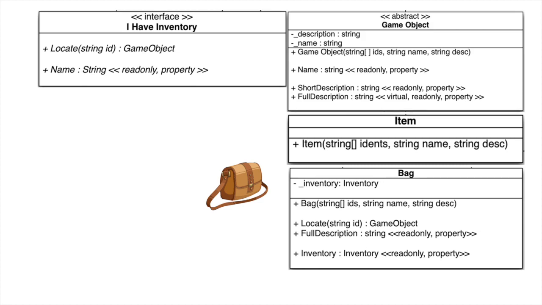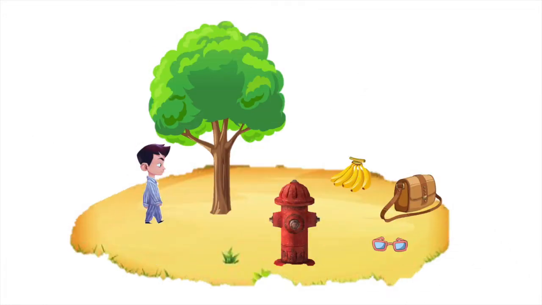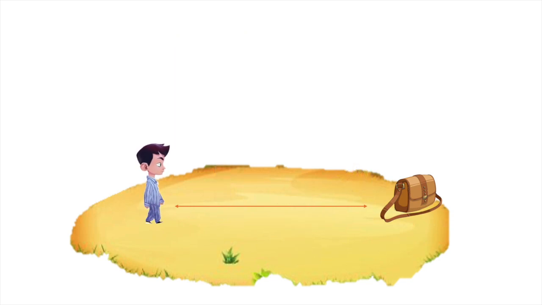In order for our program to perform its intended function, all the objects need to interact or collaborate with one another. For example, between player and the item bag, there needs to be a collaboration for the player to be able to find the bag and to fetch it or to put it in its inventory.